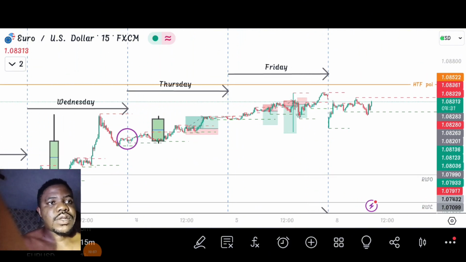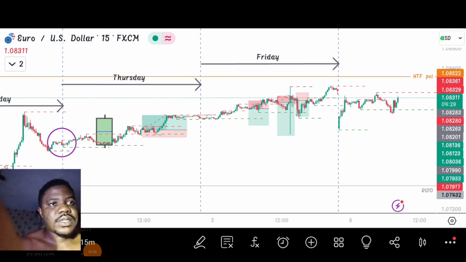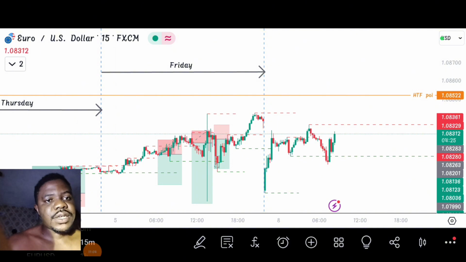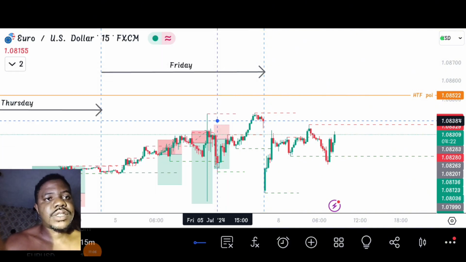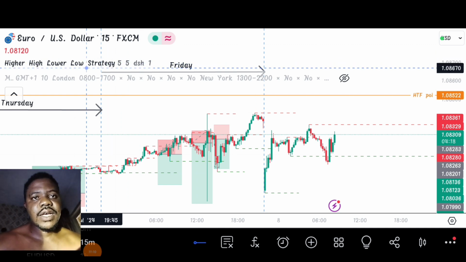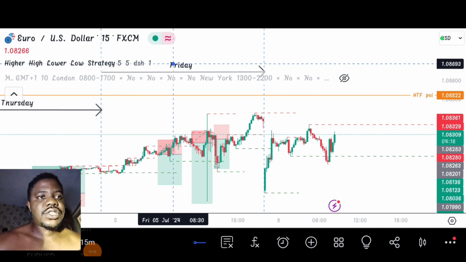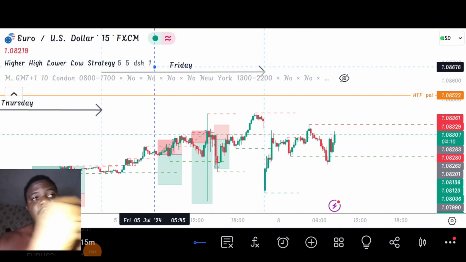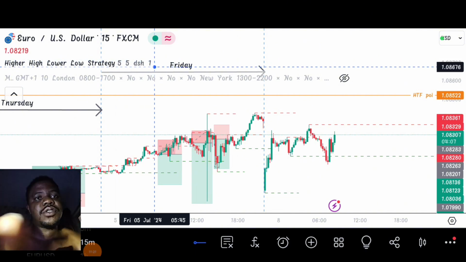So let's zoom in a little bit on Friday, and you're going to see that the indicator has already helped me. It's a higher high, higher low indicator. If you look at my chart up here, it's a higher high, higher low strategy. I will post the indicator up here while making the video, so you're just going to see it.